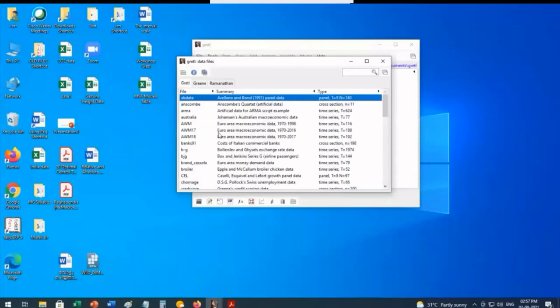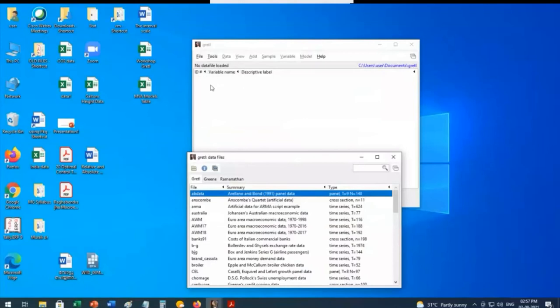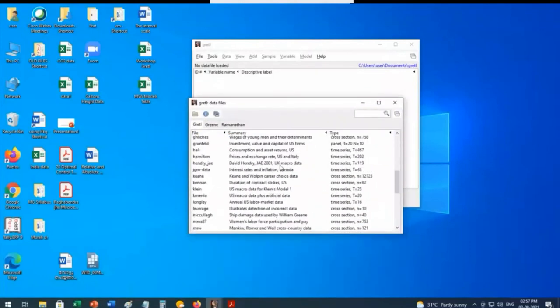So you can read the guide and then you can also do the same simulation like the Gretl guide. All the data will be available here. If you double click this one, then the data will be added here. So a large number of data sets are available.